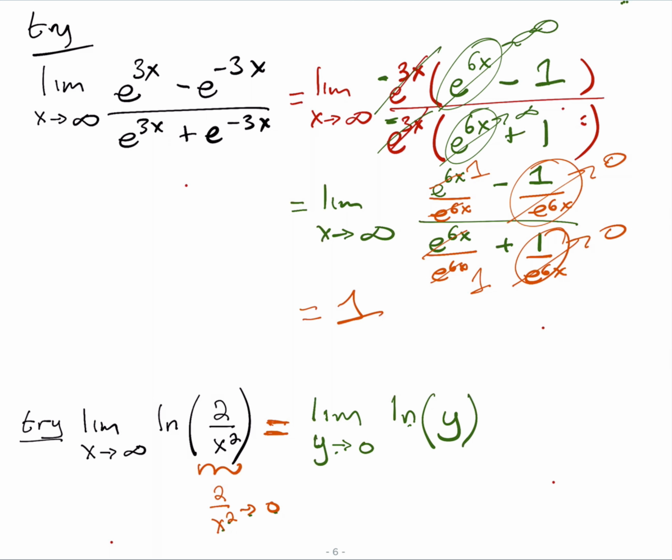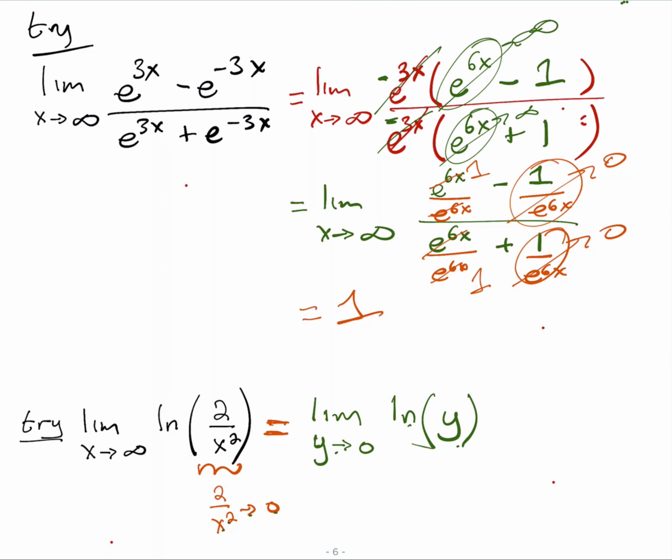Almost. What's the problem with ln of y at 0? What's the problem with finding the limit of the natural log function? Just think of the natural log function. What's the problem with it at 0?